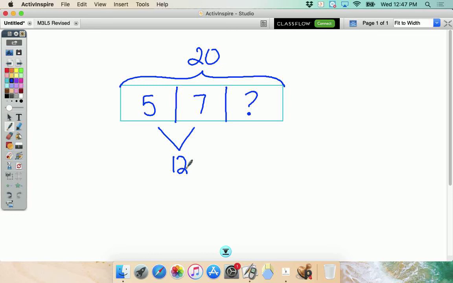So you could do 12 plus something equals 20. Or you could do 20 minus 12 equals, what is it? 8. So the answer to what the question mark is 8. Tell me what Payson did first, add or subtract? Add. So when I read today's question, I want you to keep that in mind, okay?